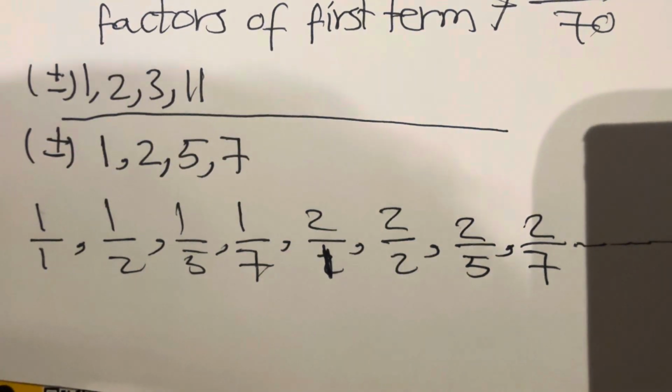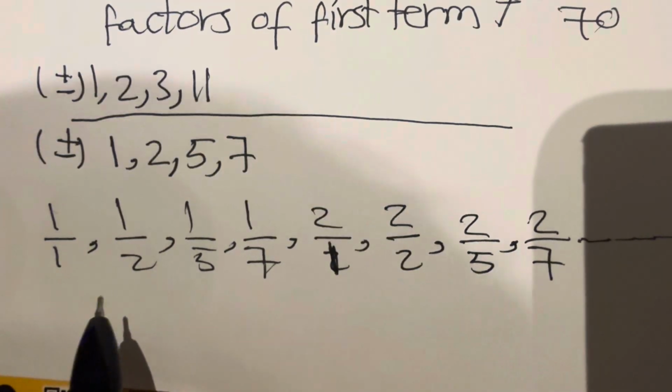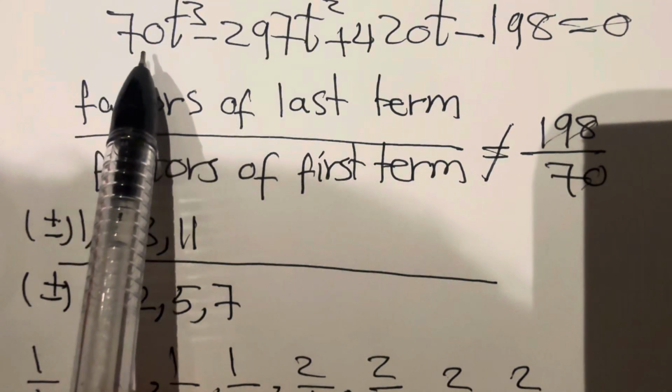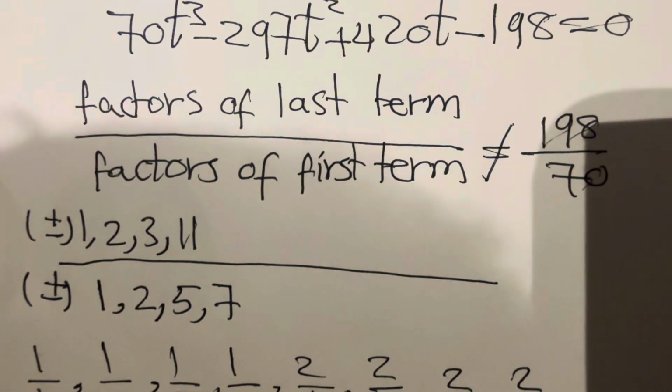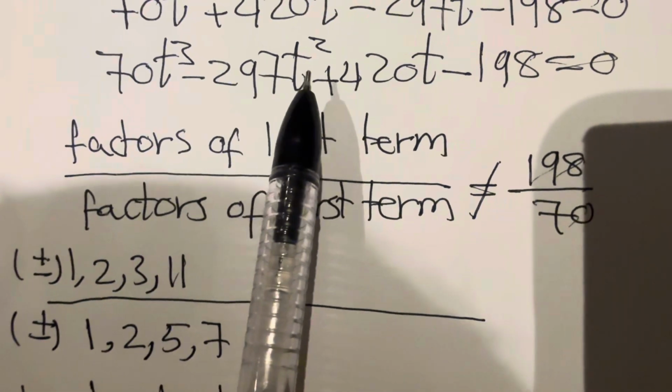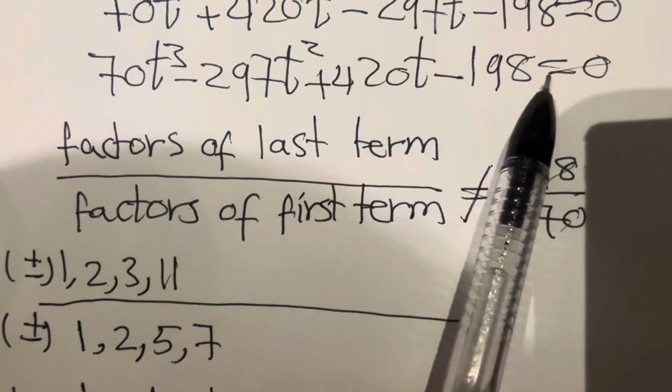But if we want to find one of the roots of this equation, we have to put one of these values into the equation to see which one makes the equation equal 0.